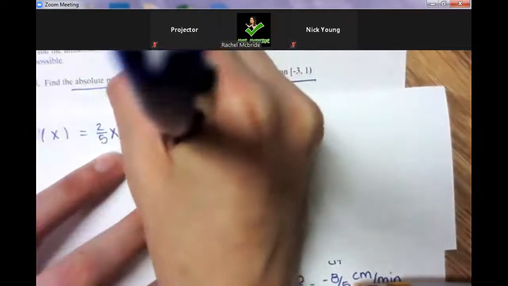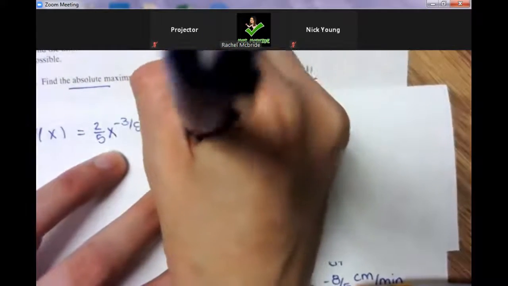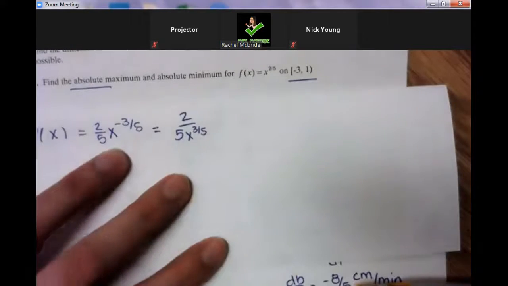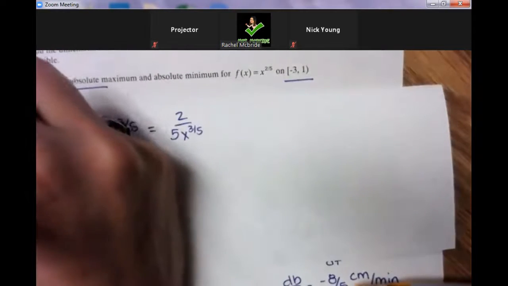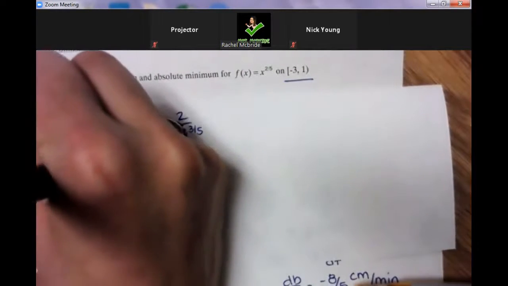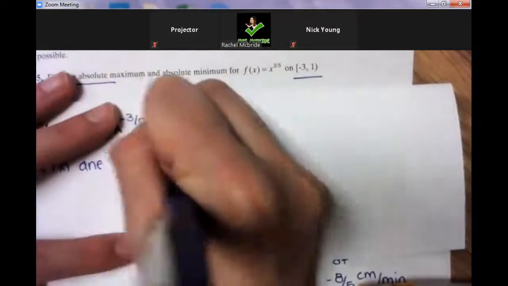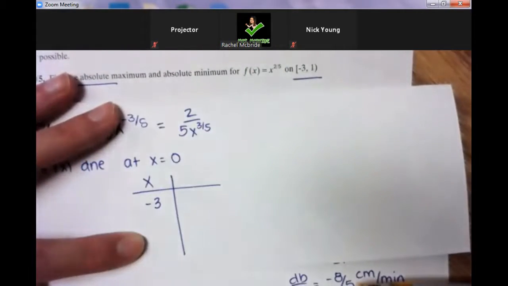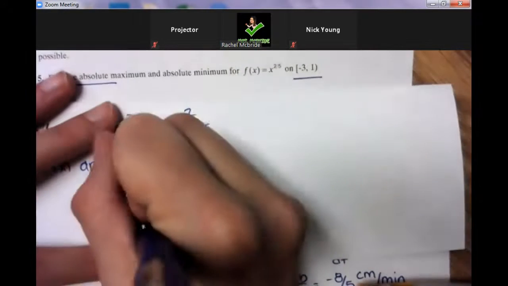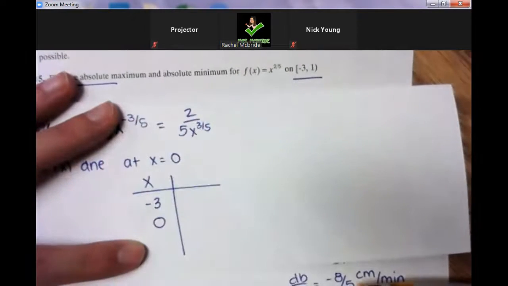That should make sense because this is really the equivalent of 2 over 5x to the 3/5, which would mean that f prime of x does not exist at x equals 0. So my candidates test says that I have to look at the beginning, which is -3. I have to look at 0.